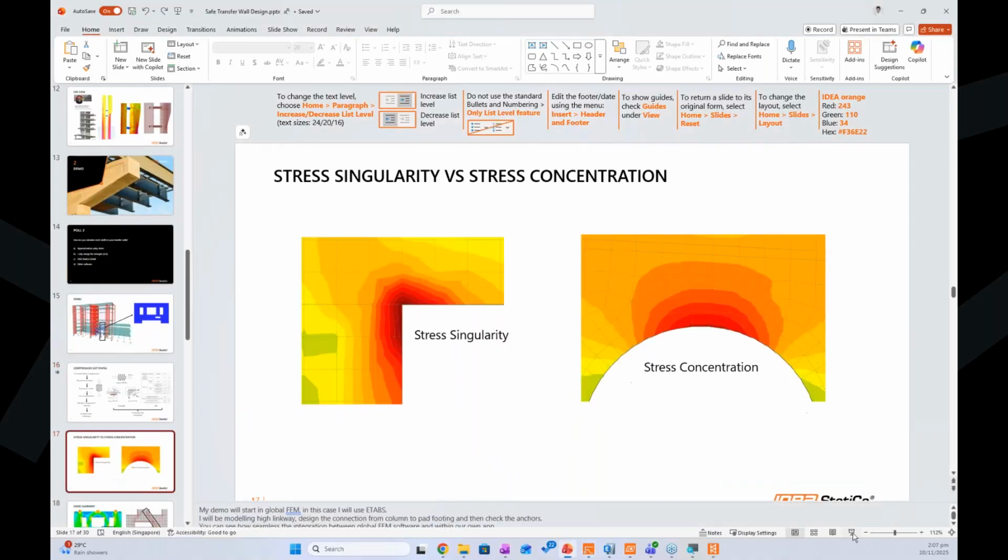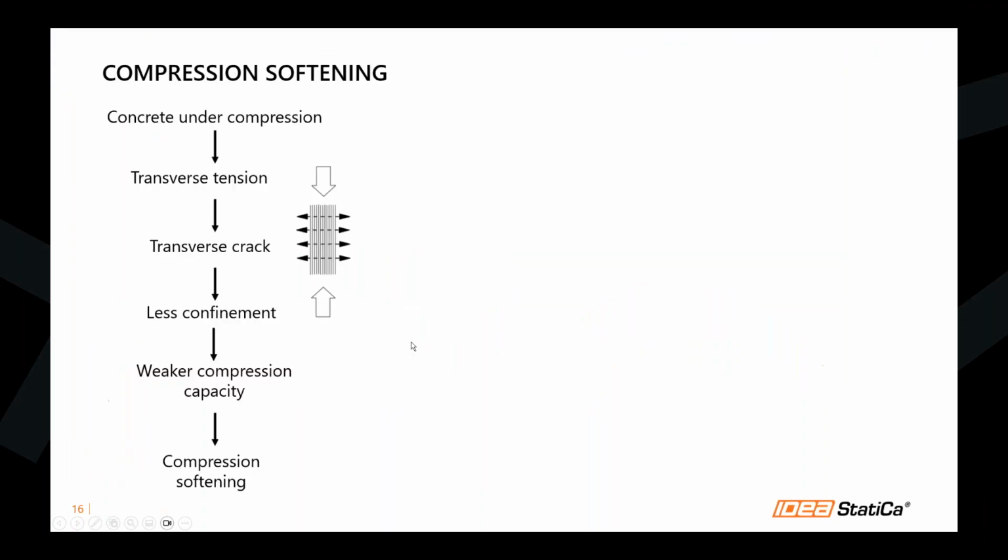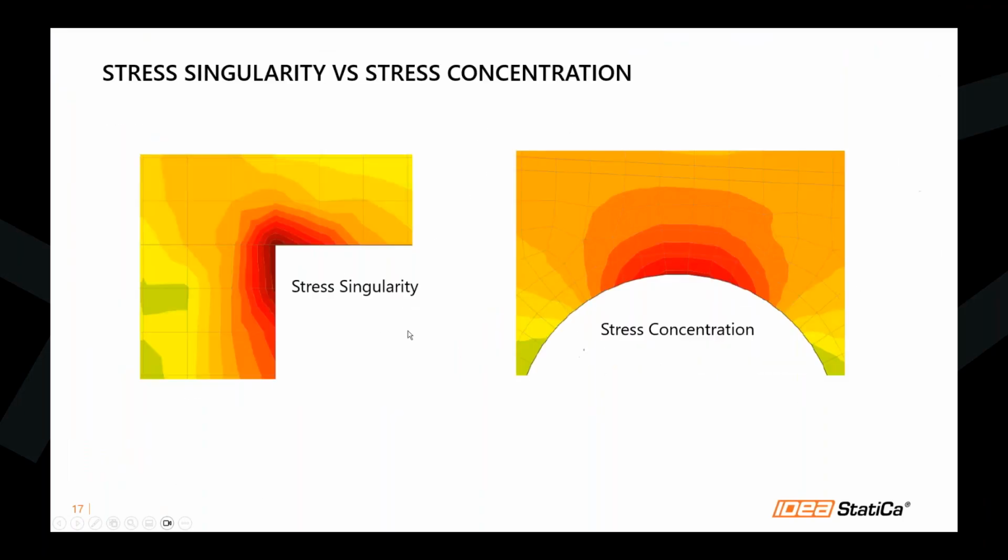Okay, so we just talk a little bit more about this. What is this stress singularity? Stress singularity is common, it is everywhere in FEA solutions. All FEA will have this issue, what we call stress singularity, where there's a change in the section of the shell.